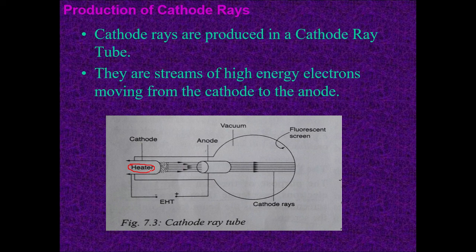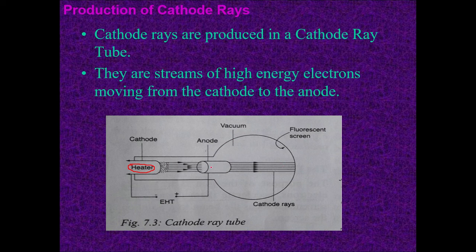As it heats, electrons are dislodged, and remember, the cathode is coated with metal oxides, which reduce the work function. They have a lower work function, so the amount of energy used to dislodge the electrons will also be minimal. Now we have things here that have also been introduced. We have an anode, and we also have a vacuum fluorescent screen. Now we are basically updating the previous diagram.